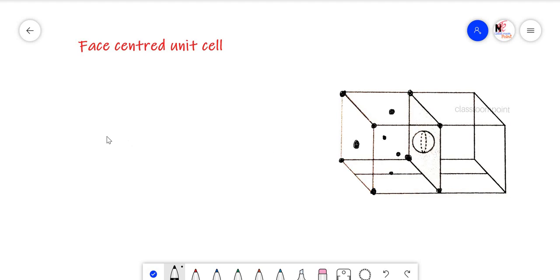So let's try to note down the number of atoms. Total number of atoms equals 8 corner plus 6 face-centered atoms.